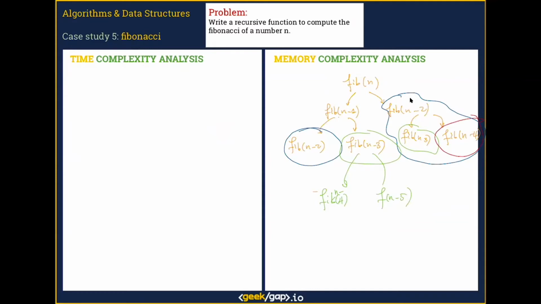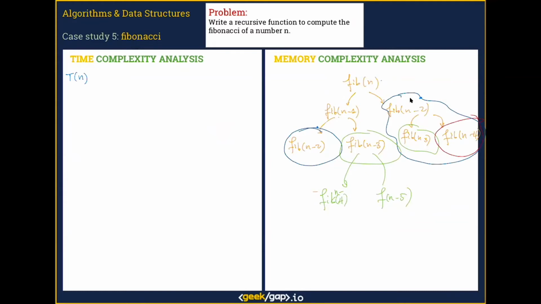Great. So if you're looking for the time complexity of n, how can we write it down? We can say that the time it takes to solve Fibonacci of n, in order to solve Fibonacci of n, we need to solve Fibonacci of n minus 2 twice.